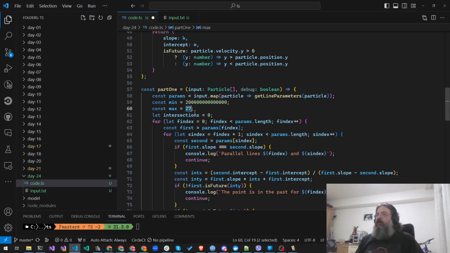Let's see what these numbers are. So I will use this trick to actually separate them. And we have 15 digits. Yeah, that's a lot.